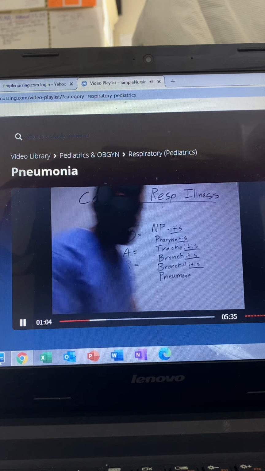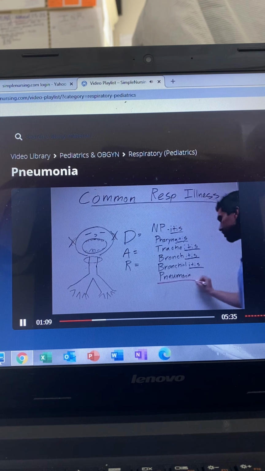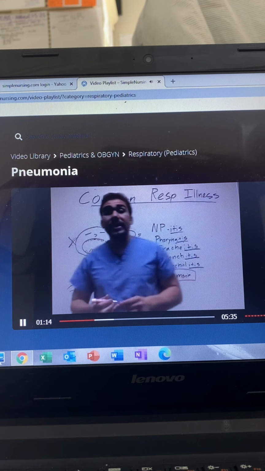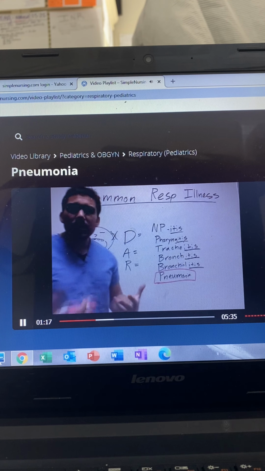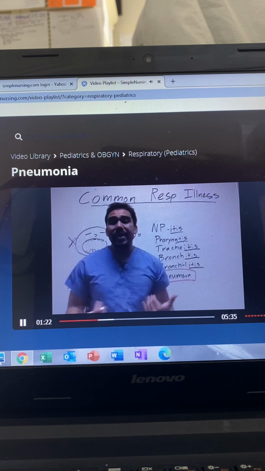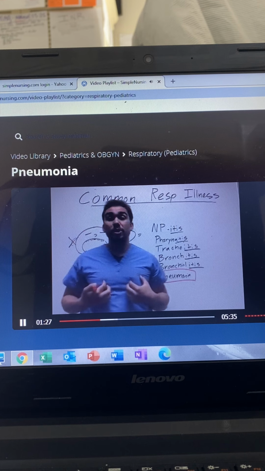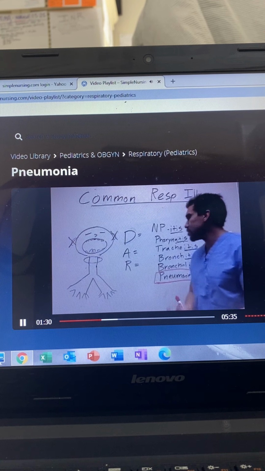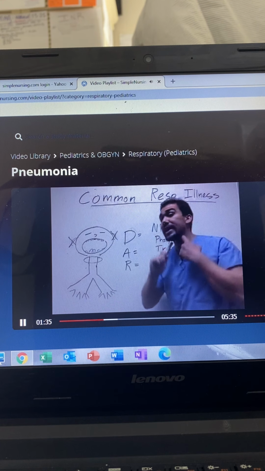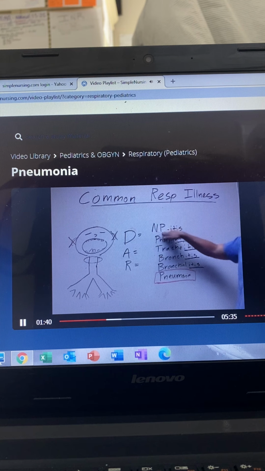The biggest one that we stress in nursing school is our pneumonia patients. We have all these other types of illnesses or infections, but the biggest one that we like to focus on is pneumonia. Really, if we break it down, there can be an infection at any portion of our respiratory apparatus. For your nasopharyngeal cavity, basically your nose heading down into your airway passages, we have nasopharyngitis.